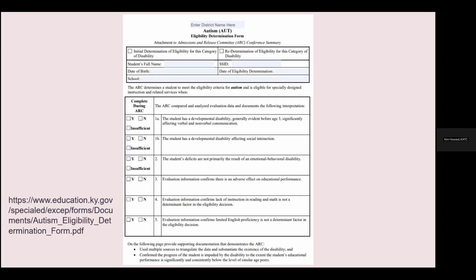They don't under IDEA because of this line right here. It didn't necessarily have an adverse effect on their educational performance. So that's something really important to consider. And we need to say that this was not because of lack of instruction in reading and math, right?